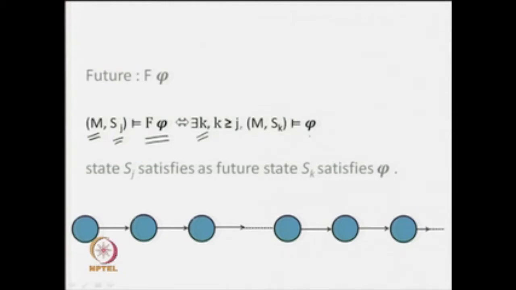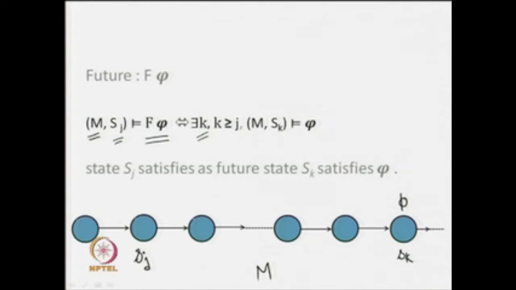Now, in this particular model, say this is my model, I look at one particular state, say S_j, the state we are looking into. On this line we are going to get some state, say S_k, and say S_k is labeled with phi. That means phi holds in S_k.